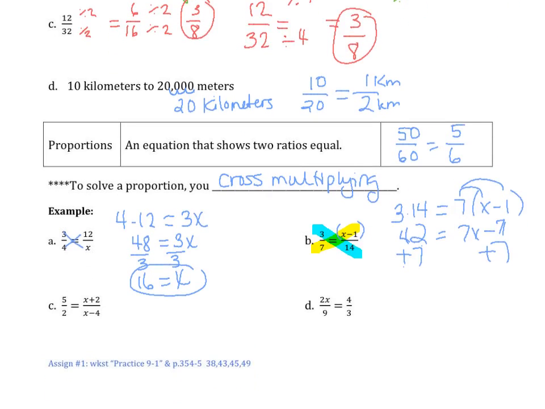Plus 7. So I've got 49 is equal to 7x. Dividing both sides by 7, I know that x is equal to 7. I could plug that in here and check. So 7 minus 1 is 6. 6 over 14 reduces to that 3 over 7.